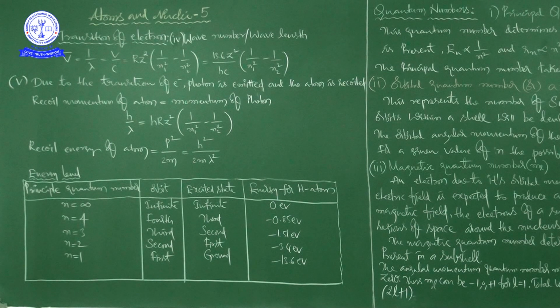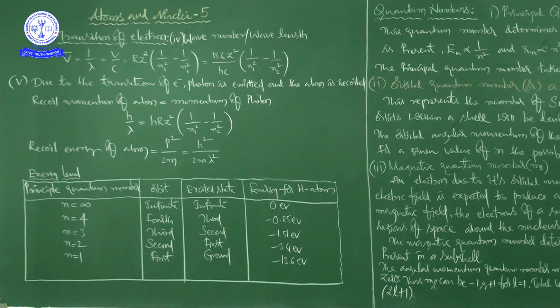Regarding the number of spectral lines, the formula is Ne is equal to (N2 minus N1 plus 1) into (N2 minus N1) divided by 2.